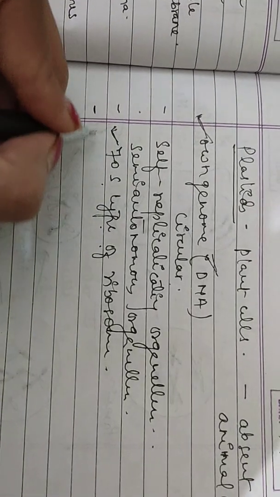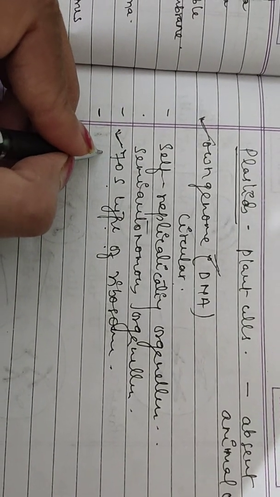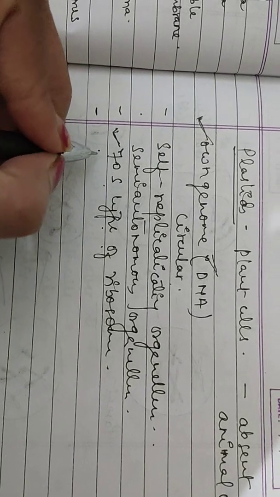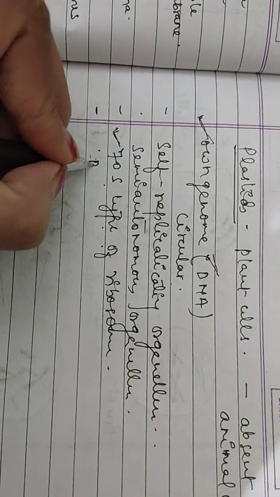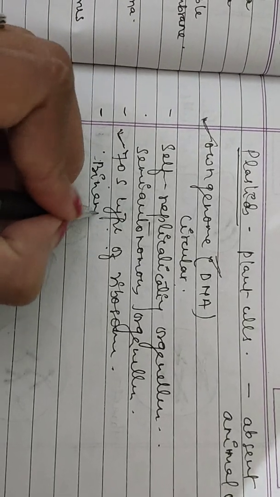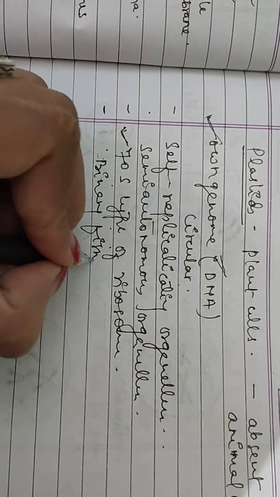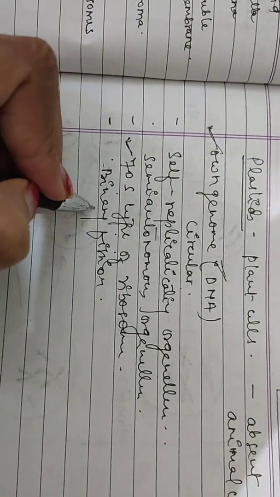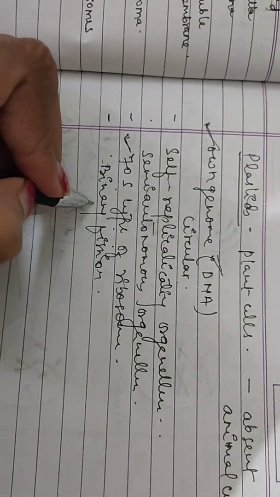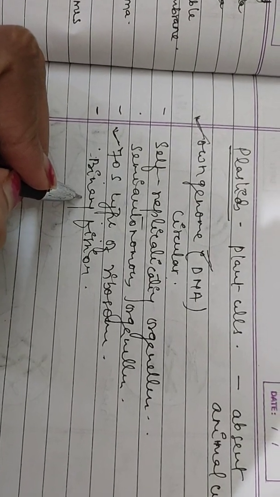And next, both mitochondria and chloroplasts show binary fission. These are also features of bacteria, so they resemble bacteria.